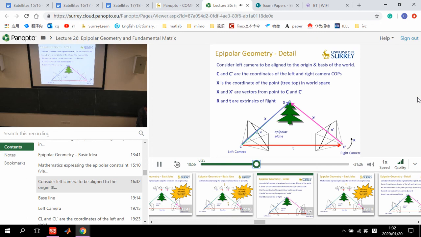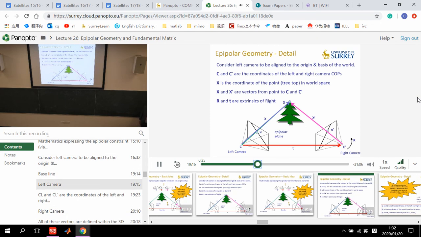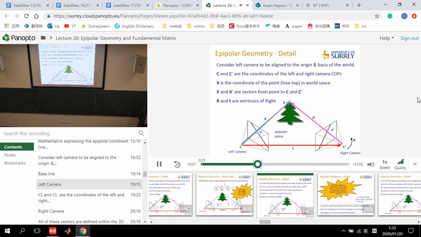It passes through this point here, and U is the image of that. Similarly, we've got this vector X prime, which is the light ray on the right-hand side, and U prime is the intersection there. So this is just changing the terminology. There's nothing new on this slide. And we're going to call the baseline T, which we already talked about. Everyone happy with this?